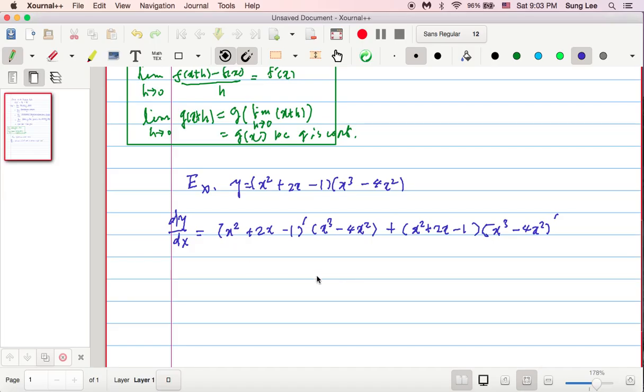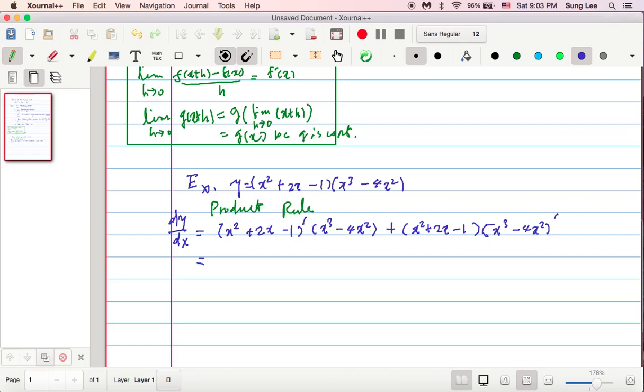What I just applied is the product rule, the one we just learned.